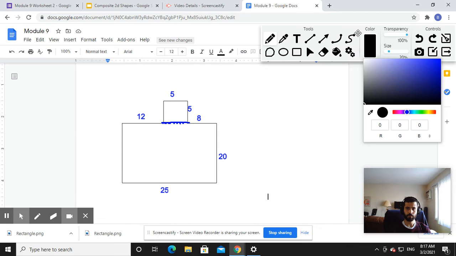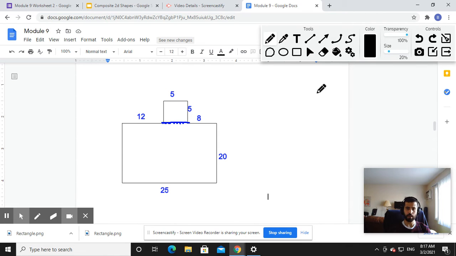I am thinking of 10 times 25, and I'm going to add 2 of those together. So 25 times 10 is 250, plus 250 is going to be 500. So we've got 500 square units for the area of inside this blue part.